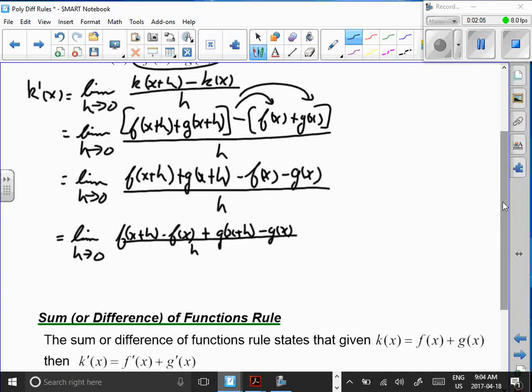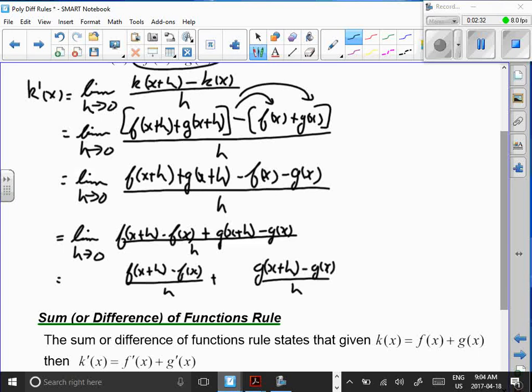And that can be broken into two fractions. So I'm going to break this into f at x plus h minus f at x all over h plus g at x plus h minus g at x all over h.